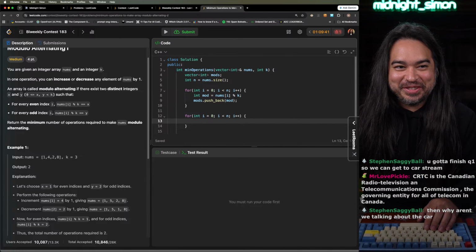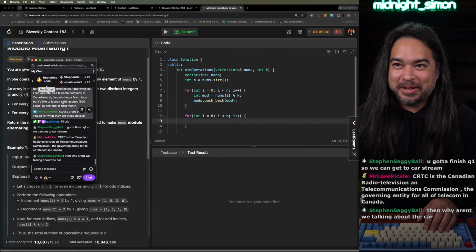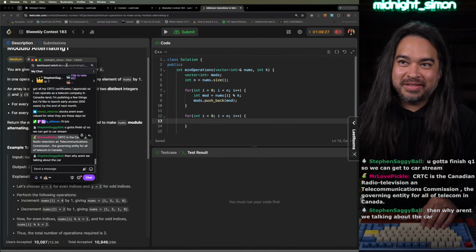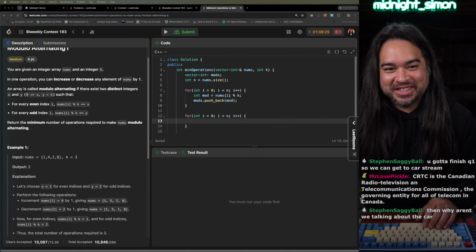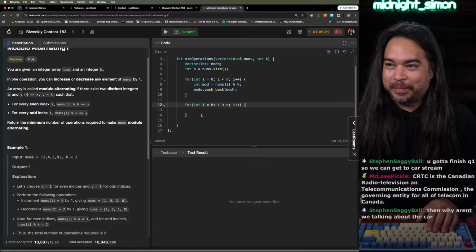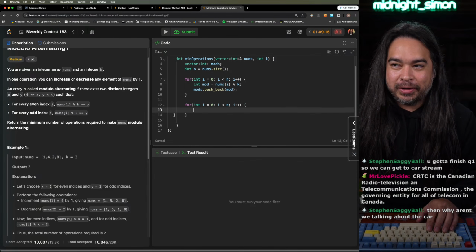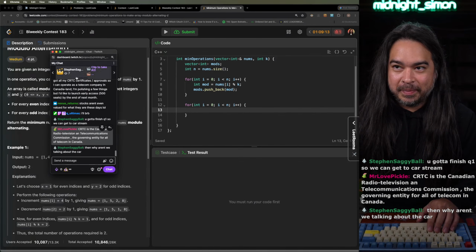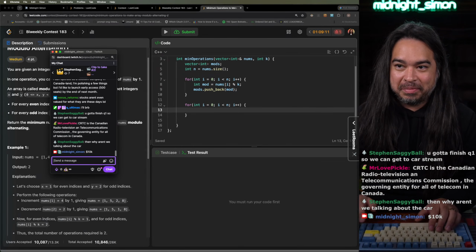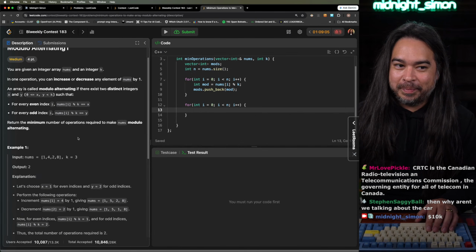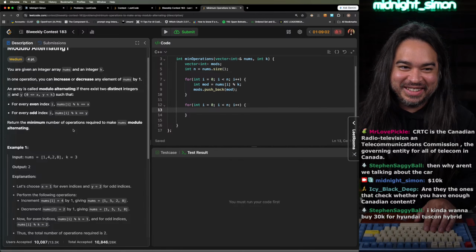Want to talk about the car? What do you want to talk about the car? What are we talking about cars, man? CRTC is the Canadian Radio, Television and Telecommunications Commission. I did not know that. And I am in Canada. Alright. How much should Steven Sagiball pay for a car? I think he should not pay more than 10K for a car. But who knows?